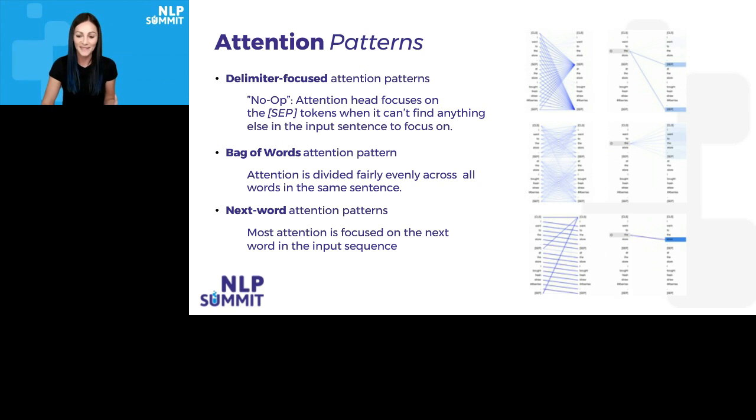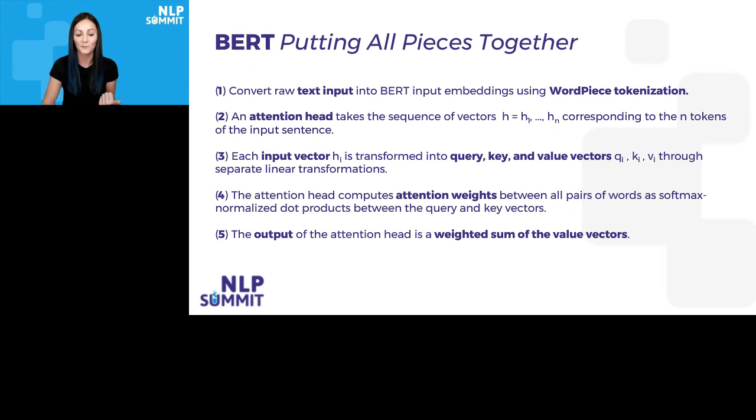Okay, so putting all the pieces together. First of all, we started with converting the raw input text into BERT input embeddings. And one step in here is the word piece tokenization. Then the attention head takes the sequence of vectors corresponding to the tokens of the input sequence. And each input vector is transformed into this query, key, and its actual value through separate linear transformations.